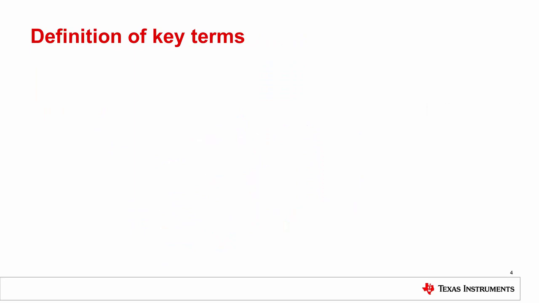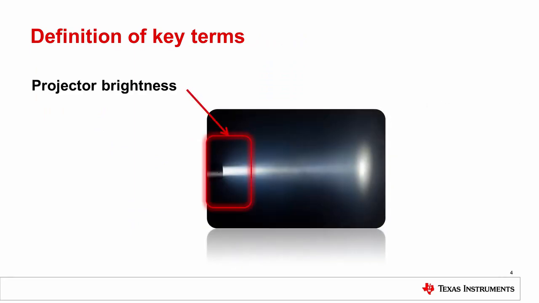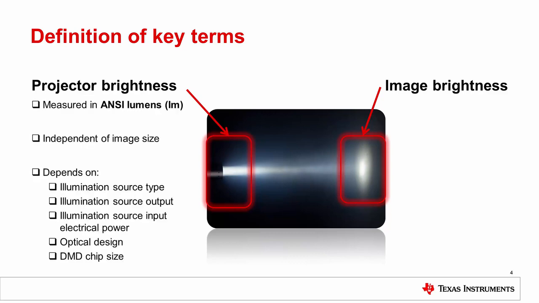Now let's go over some key terms that will be mentioned in this training. What is projector brightness and what is image brightness, and how are they different? Projector brightness is the amount of visible light emitted from a projection system. It's measured in ANSI lumens and is independent of image size. With DLP technology, it's possible to create projectors spanning a broad brightness range from 30 lumens to 60,000 lumens.